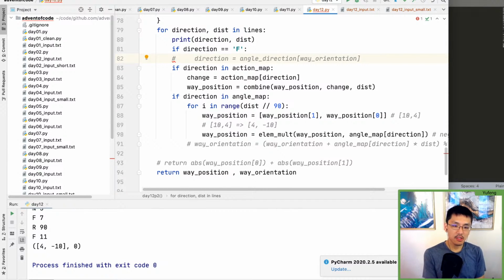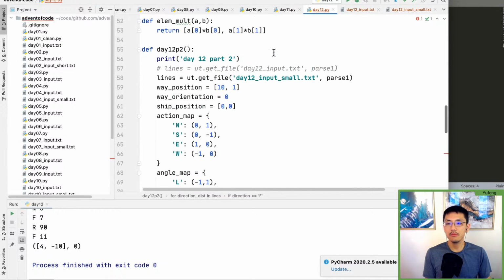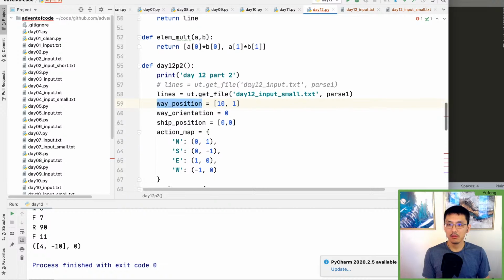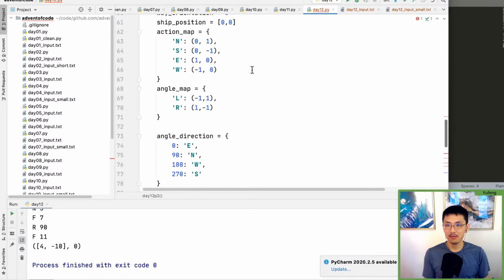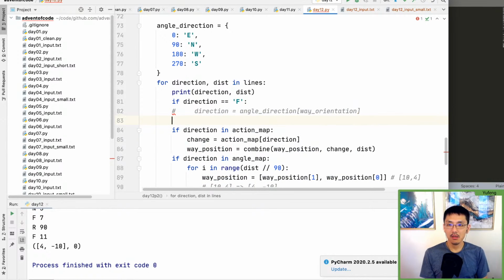We're going to move the ship to the way direction by the number of units supplied. So whatever the way position is, we don't care about the way orientation, and apparently never have. And we're going to modify the ship position by the way position times the distance.